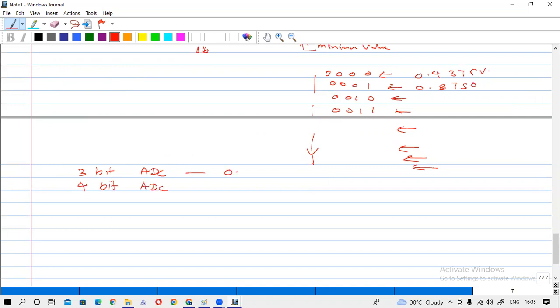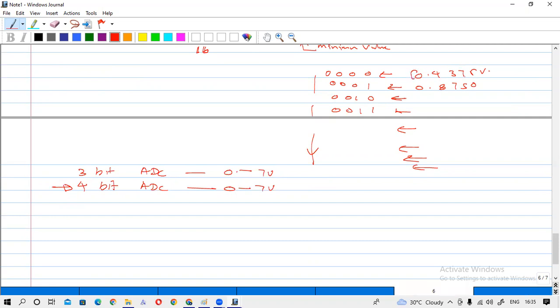The input range is the same. Which one is the good one, and why? The second one, because of the smaller minimum value.